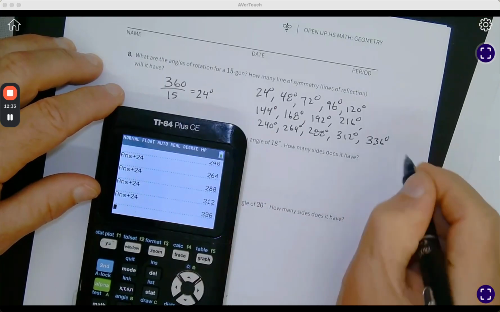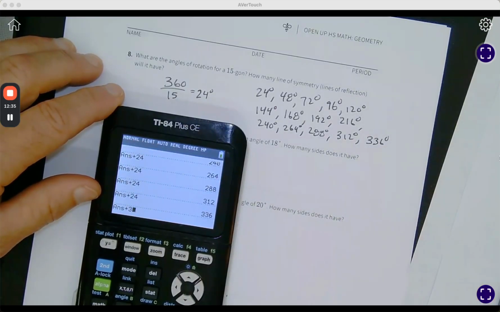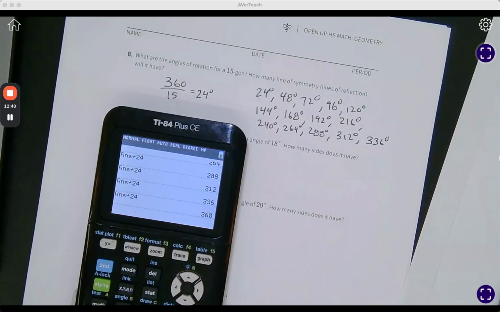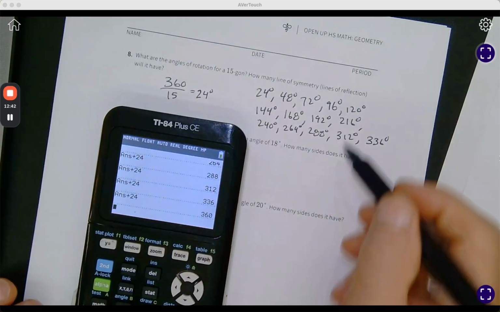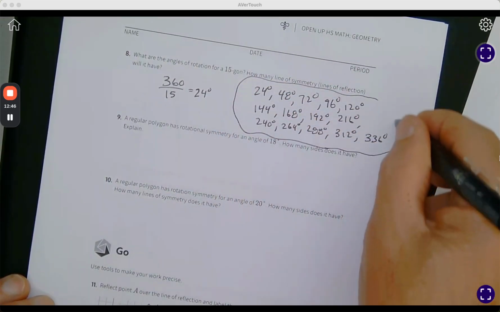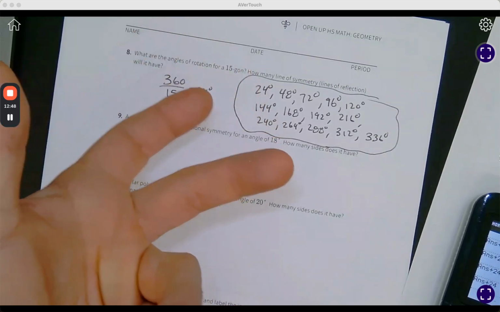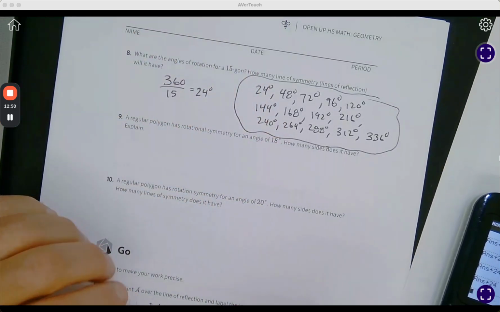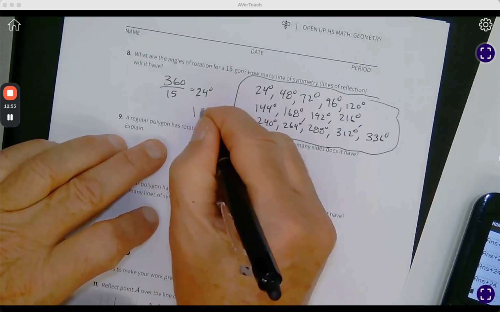And notice if I add 24 to that, I get 360. And that's how you know you're right and you're done, because you should always get to 360 when you keep going. But we don't include 360 because 360 would be the original shape. Because if you turn something 360 degrees, it just gets back to its original. How many lines of symmetry? 15.